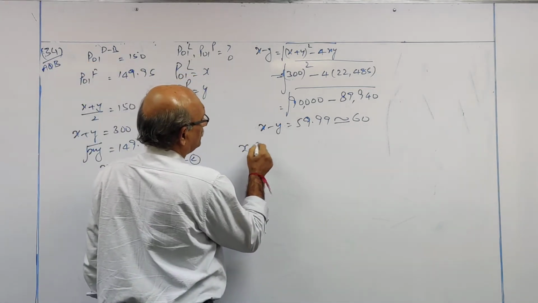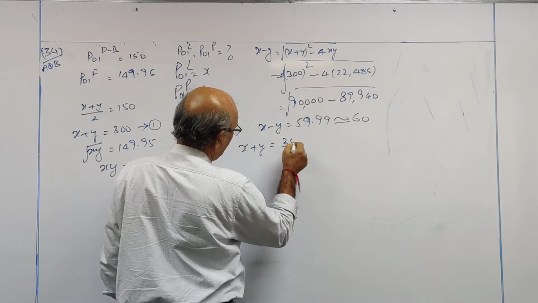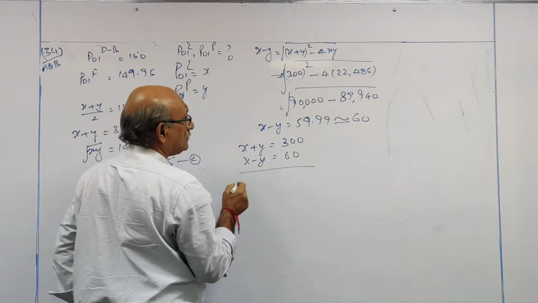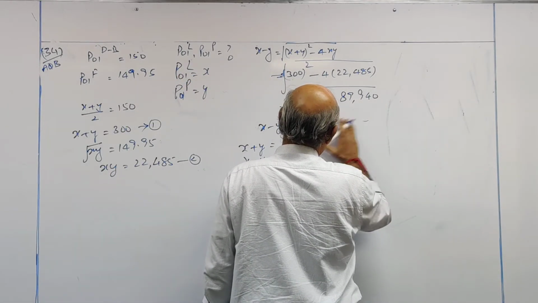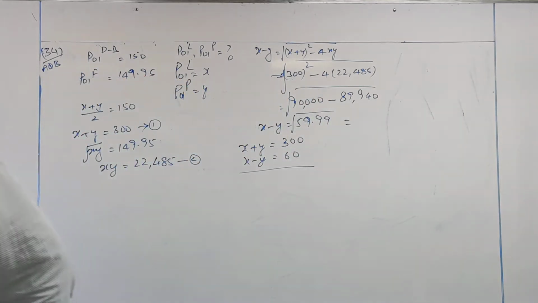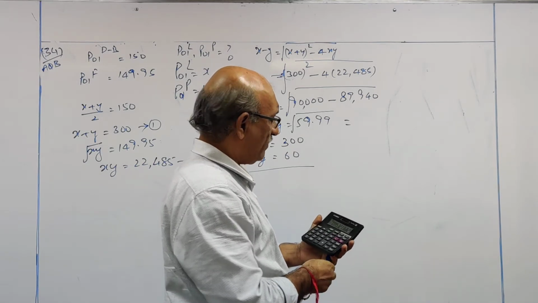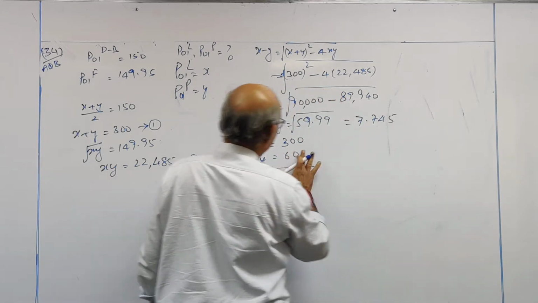Now, x plus y is equal to 300 and x minus y is equal to 60. So for this I have to take the root of 59.99. The square root of this value is 7.745.